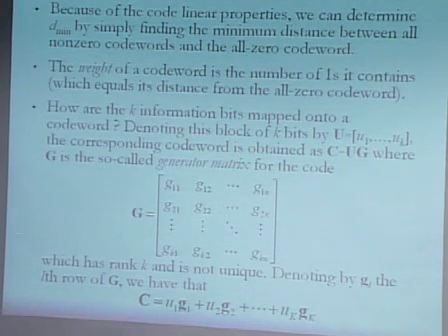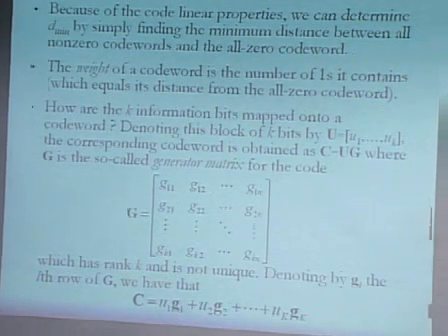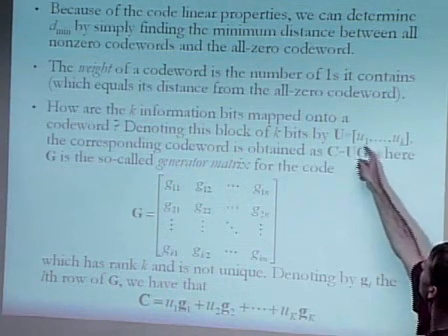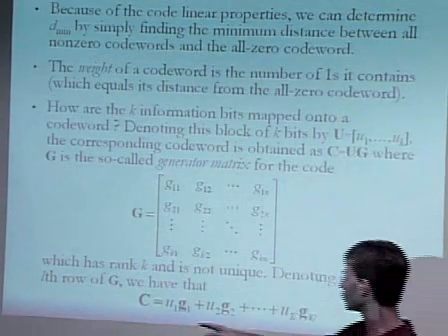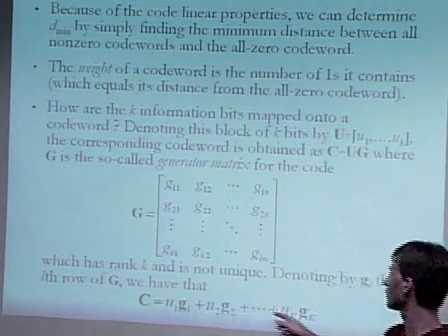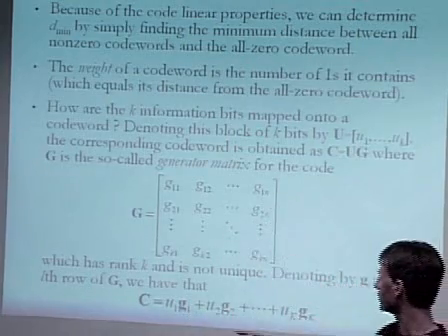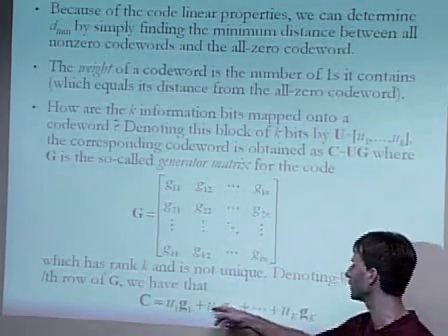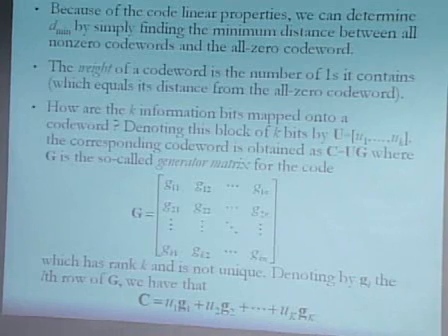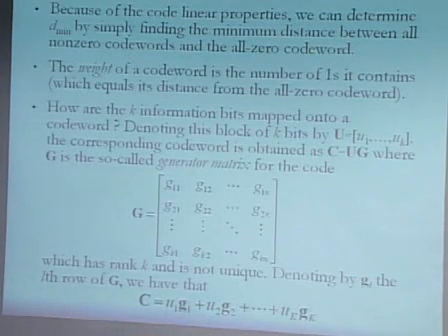This matrix has some properties, essentially that it's full rank, so it has rank K. And if you denote by little g each of the rows of capital G, you can easily see, looking at this multiplication, that the code word is just a weighted combination of the rows of G. So you take each row, weighted by the corresponding information bit, 1, 2, 3, 4, 5, up to K, and that gives you the code word.